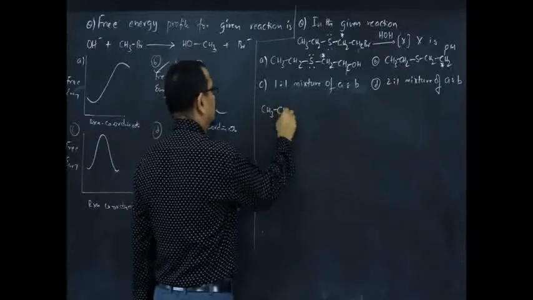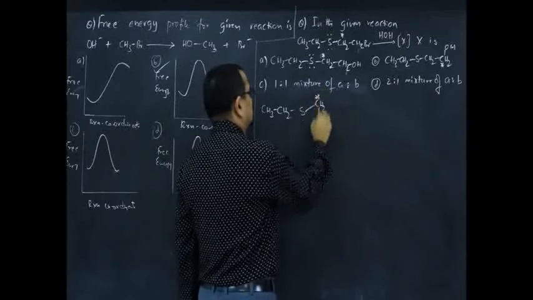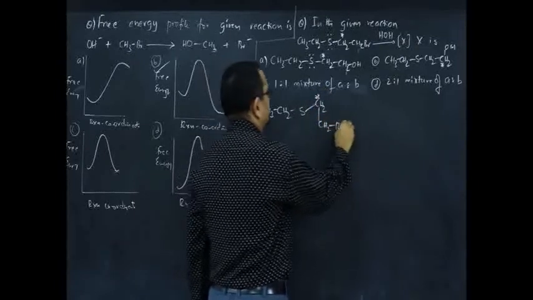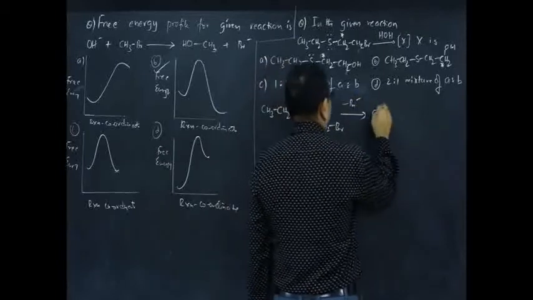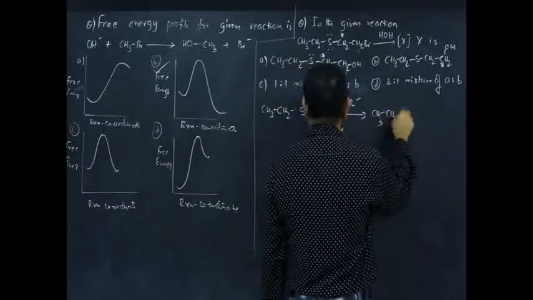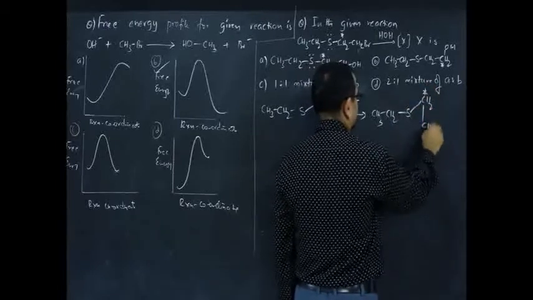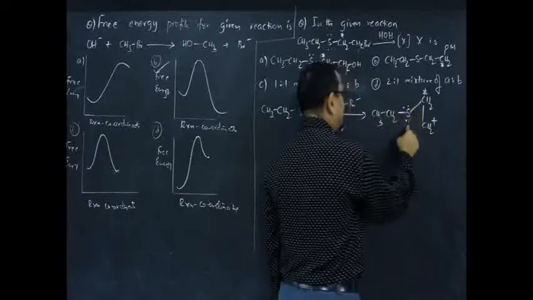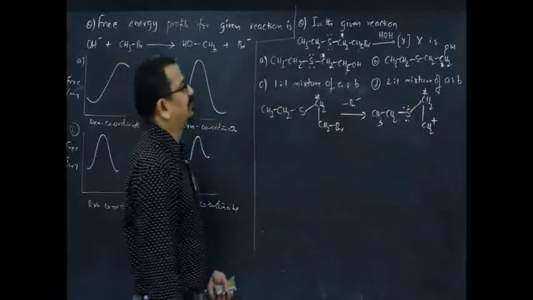CH3CH2S CH2* CH2Br. As bromide is a good leaving group, when it leaves, CH3CH2S CH2* CH2 plus forms. Now, this is a heteroatom with a lone pair at the beta position.